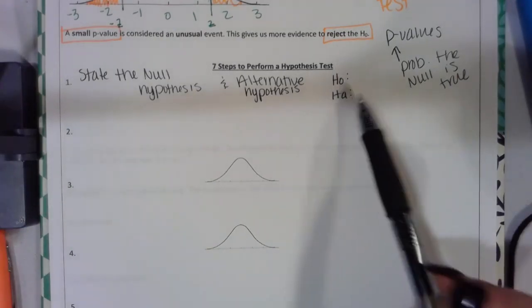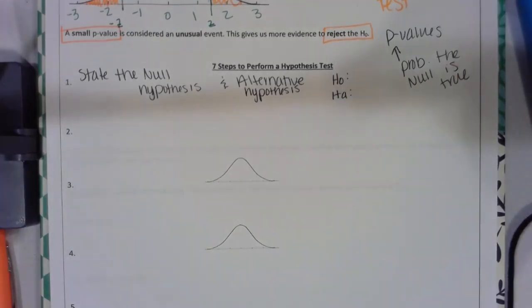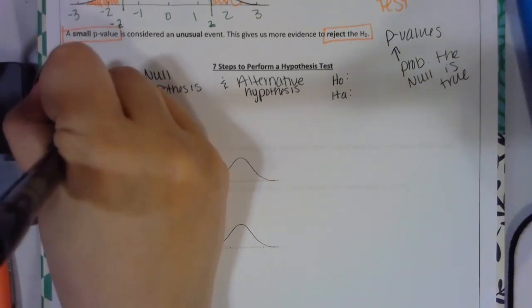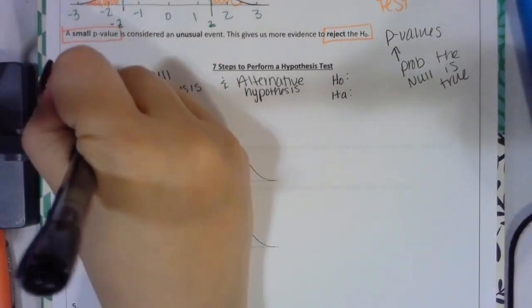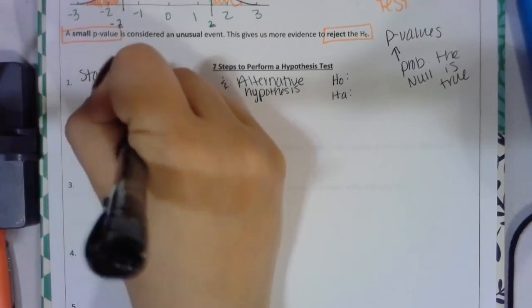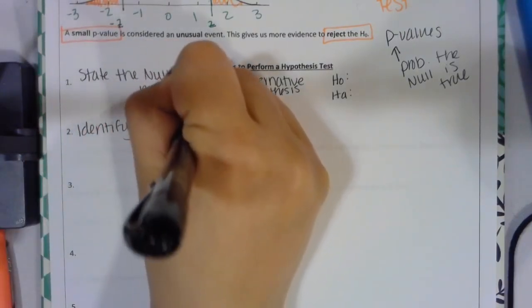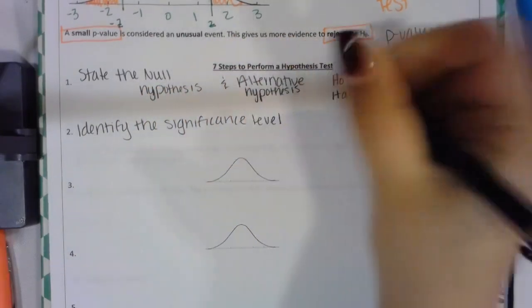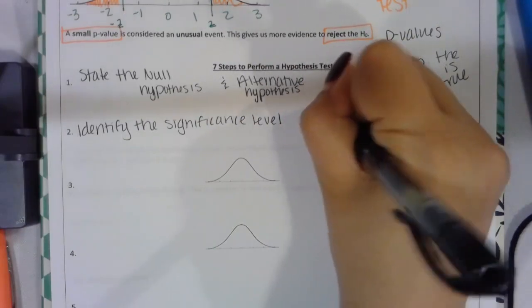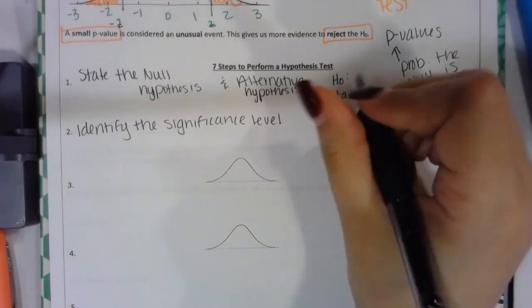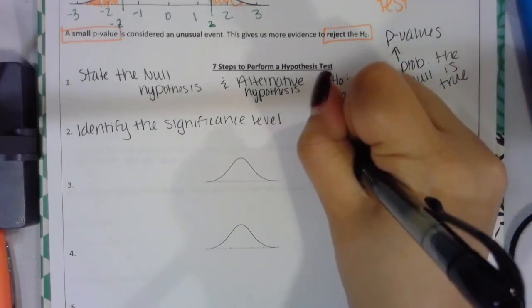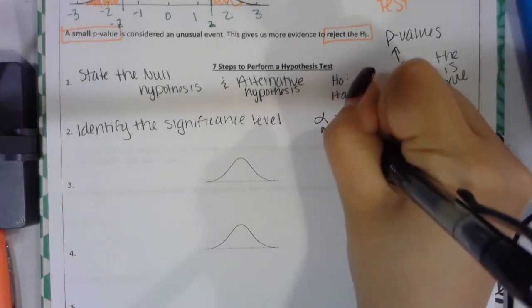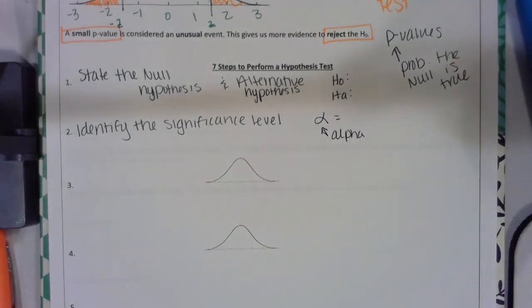You state the null and then you state the alternative. Then you need to identify the significance level, which we're going to say is this Greek letter alpha. It's actually a lowercase alpha. Alpha equals. That's identifying the significance level.